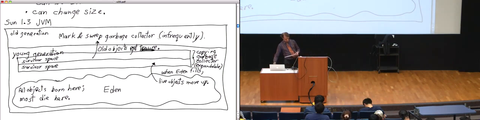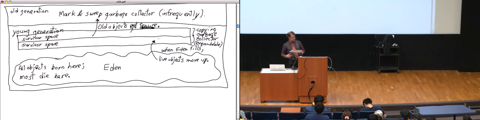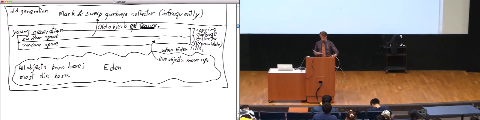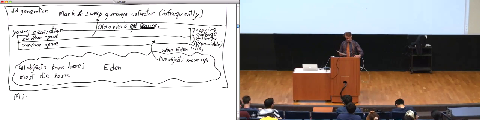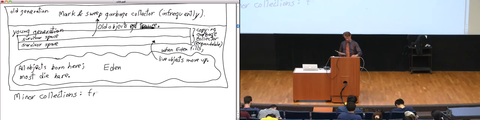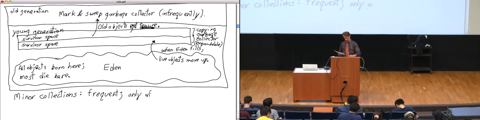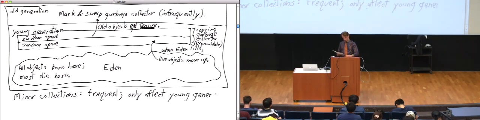Let me just write the two types of garbage collection. There's what's called minor garbage collections, which happen frequently, but only affect the young generation, saving lots of time.